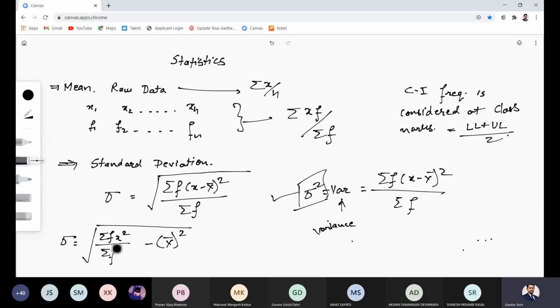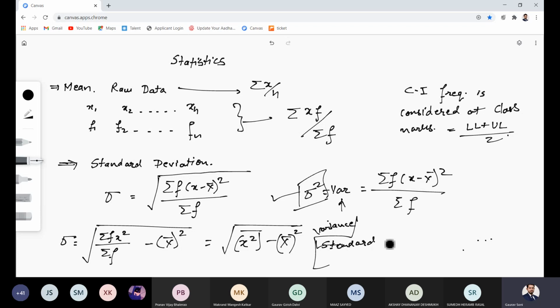So standard deviation is equal to mean of the x squares minus the square of the mean, which is also written as x square bar minus x bar square. So we have proved this formula. We have also seen that standard deviation is independent of mean.